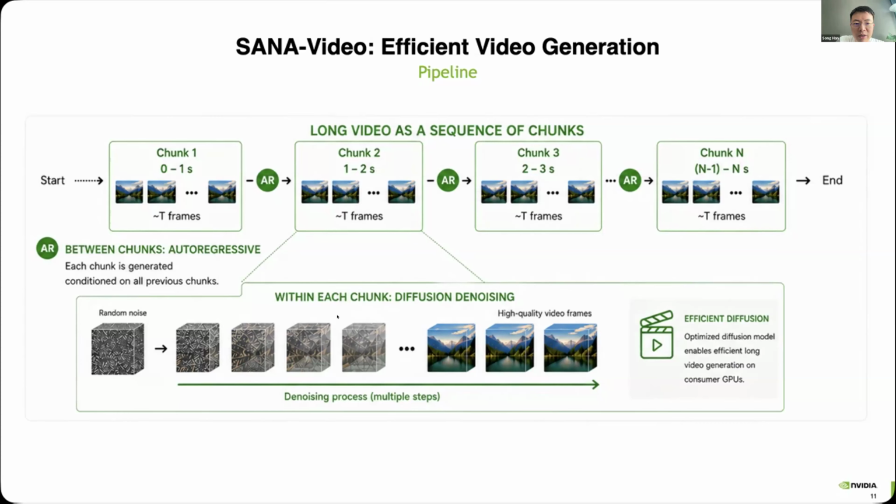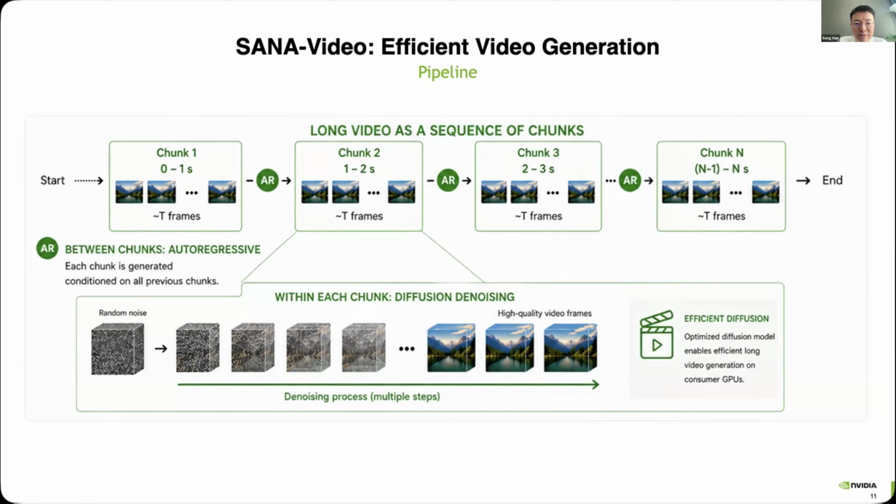So first of all, we chop the long video as a sequence of chunks. Each chunk is about 1 second. And between the chunks we use the autoregressive model, generating the frames chunk by chunk. So that's between the chunks, fully autoregressive. Each chunk is generated conditioned on all the previous chunks.